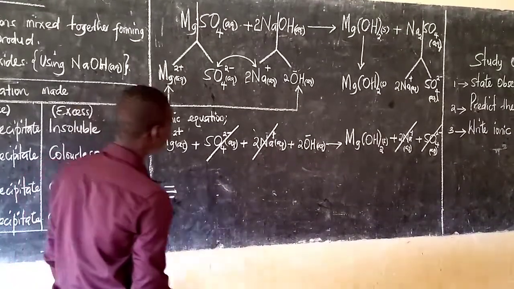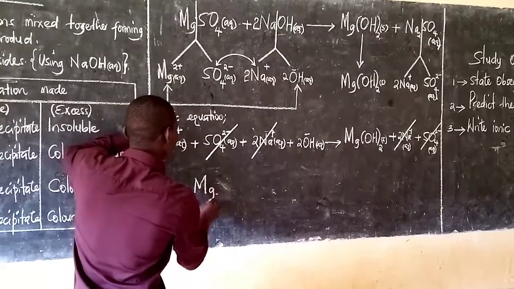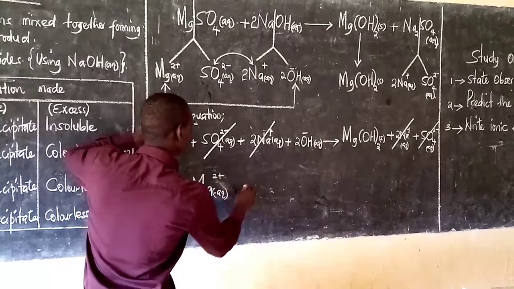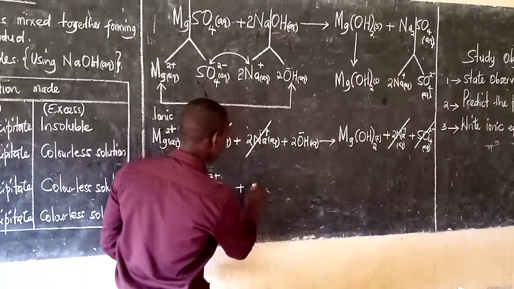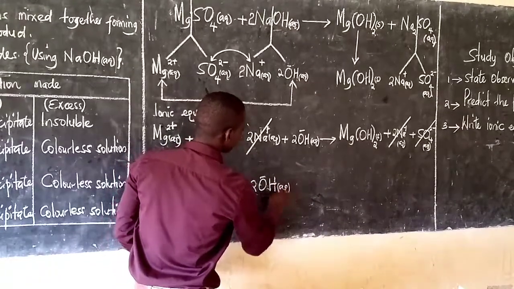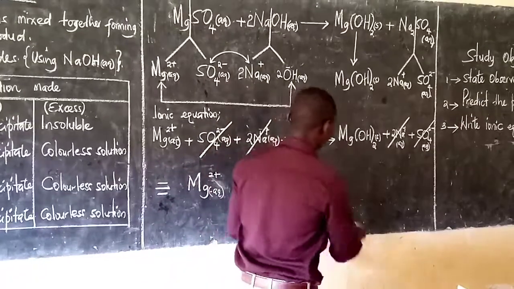The net equation therefore becomes, we have remained with magnesium 2 plus aqueous, combining with, these ones have cancelled out, combining with the 2 hydroxide ions. And what does it give us? What has remained on the product side?